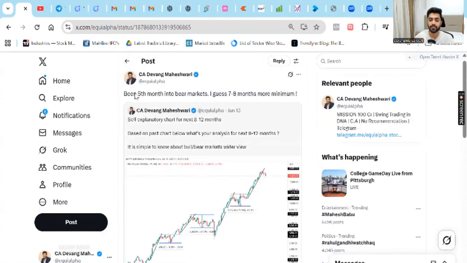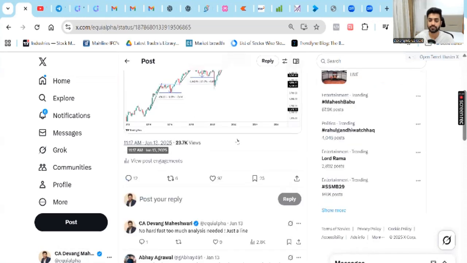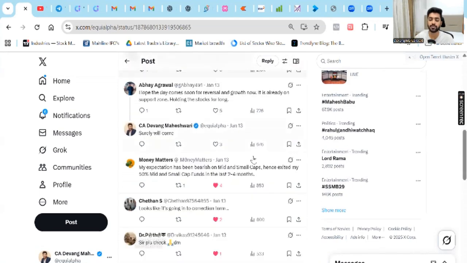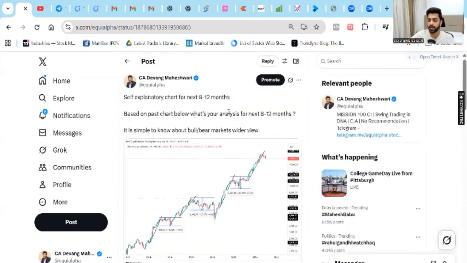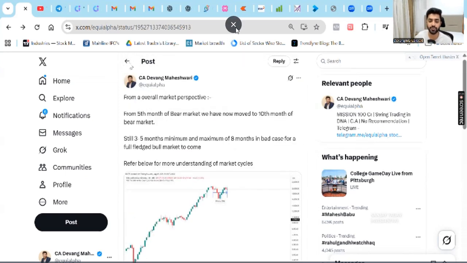Okay. This is of January. This is one of the posts, like many other posts I did in January, December, that we are entering into a bear market. Now, what do I expect? This also I have written somewhere, what is the expectation for the full year?